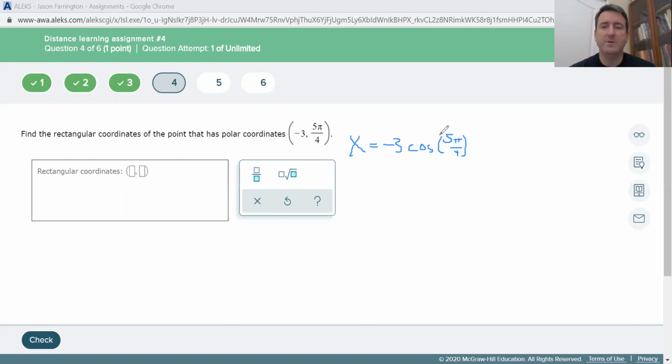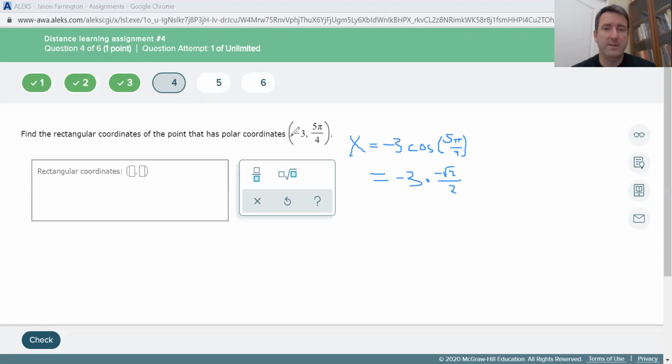All right, so cosine of 5 pi over 4, if we look at our unit circle, we go to 5 pi over 4. The cosine is negative square root of 2 over 2. And if we multiply that by -3, so we want -3 times negative square root of 2 over 2, that's going to be positive 3 square root of 2 over 2.